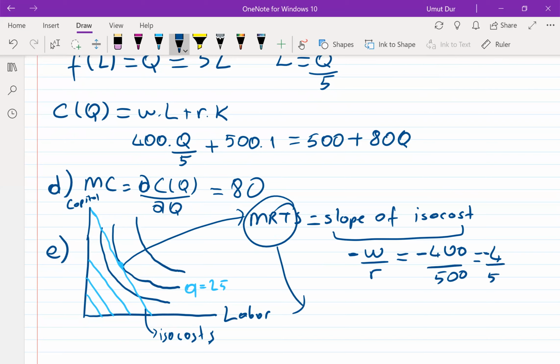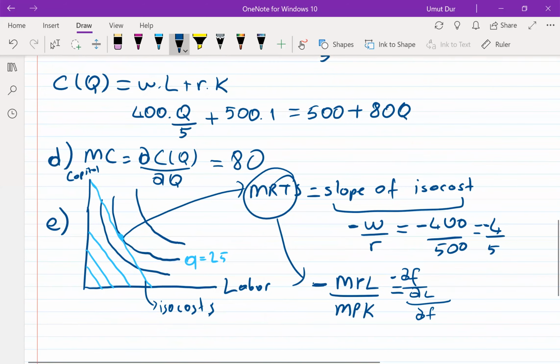MRTS is in fact minus the marginal product of labor divided by the marginal product of capital. The marginal product of labor is the derivative of the production function with respect to labor, and the marginal product of capital is the derivative of the production function with respect to capital.